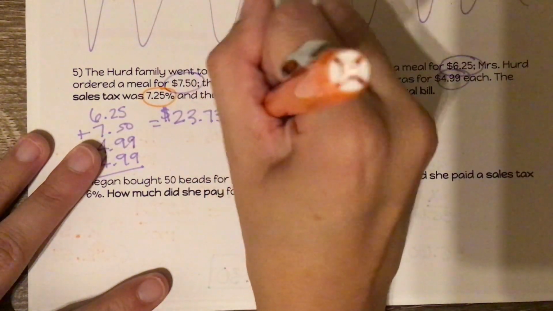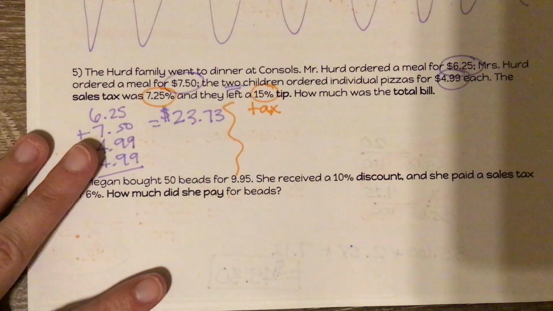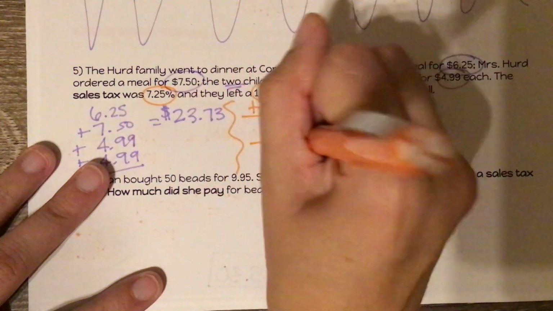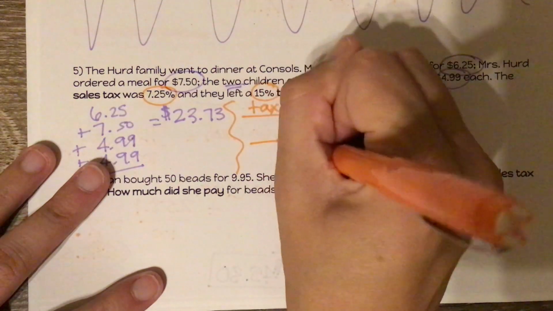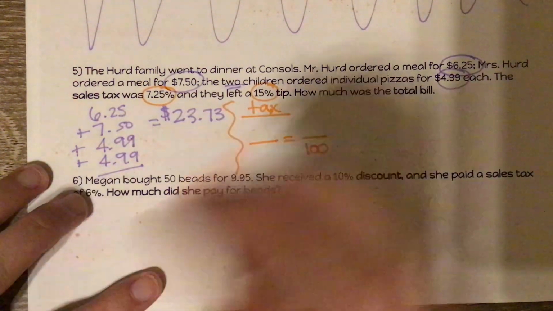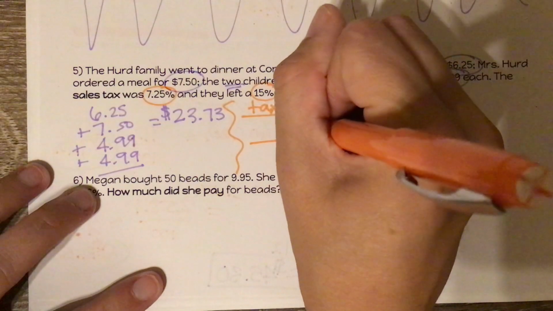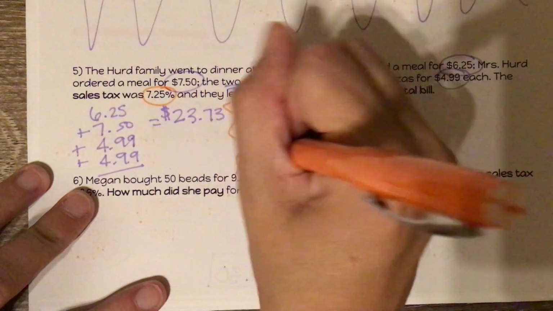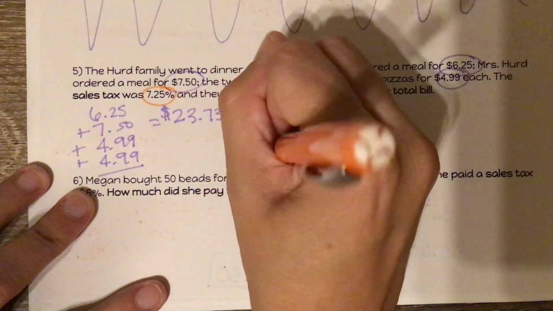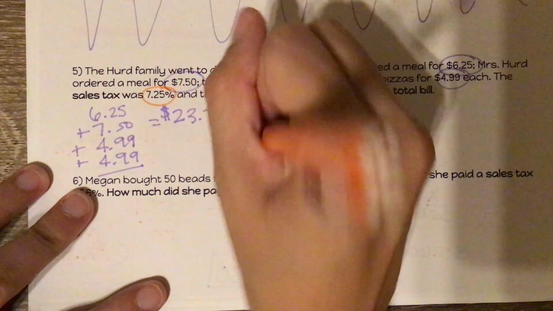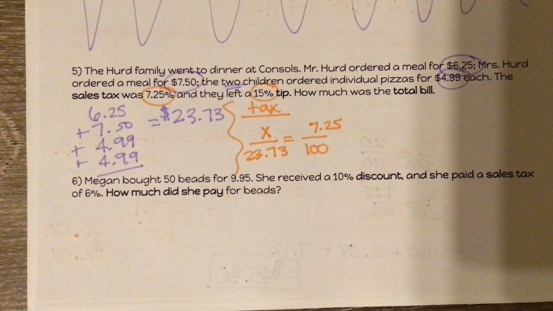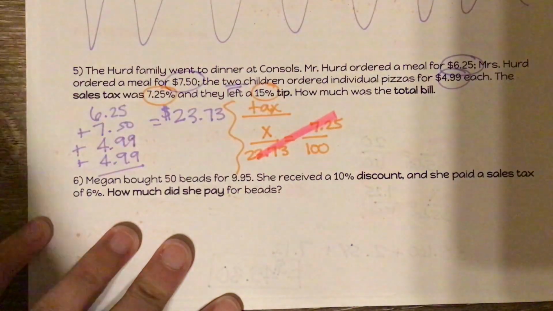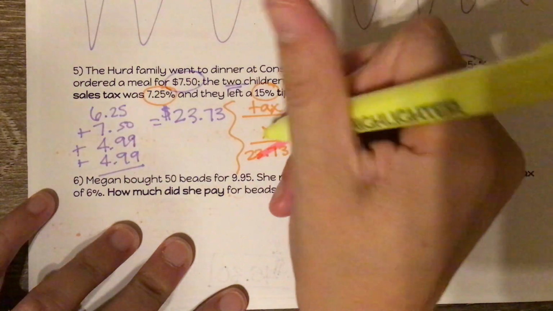So first, I'm going to calculate the tax. So I'm going to set up my blank proportion. We have a 7.25% tax, and our total bill was $23.73. Now I have my proportion that I can solve.